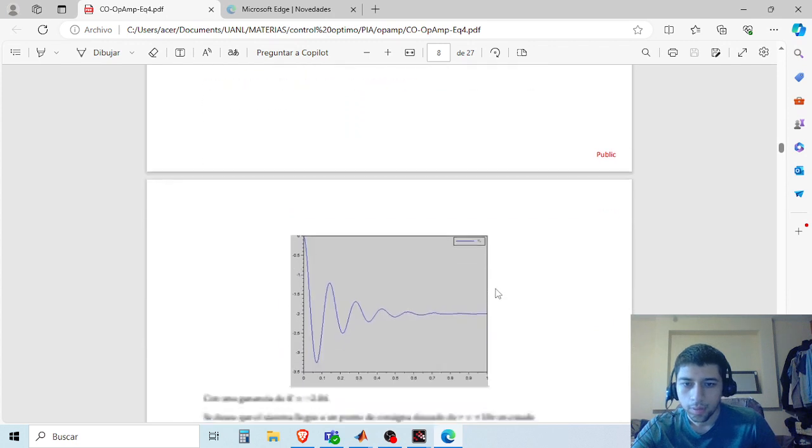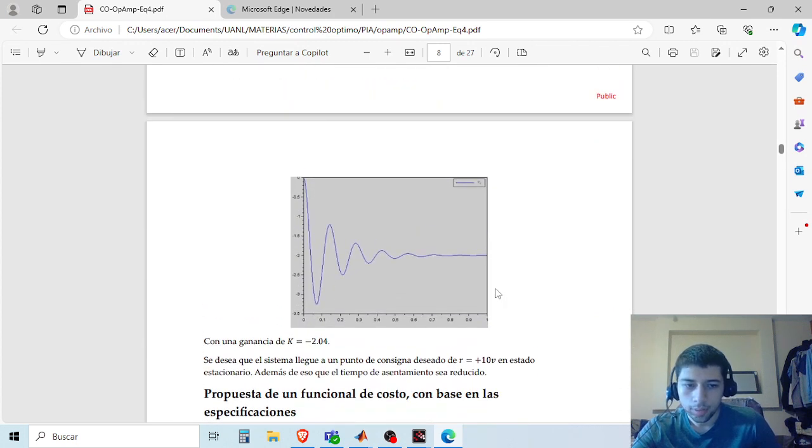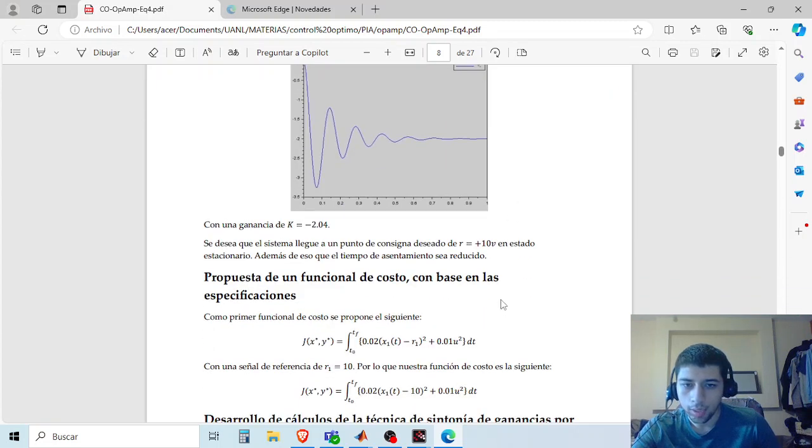So now we are gonna propose a control reference. What we want to control is the output voltage of the op amp, and we want the voltage to reach a reference of 10 volts. Also to reduce the settling time, the steady state time.